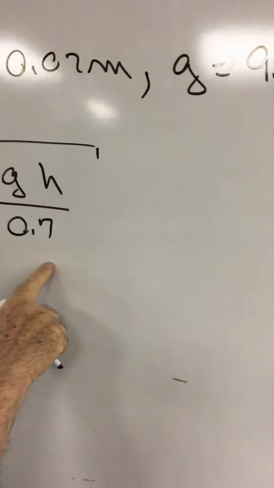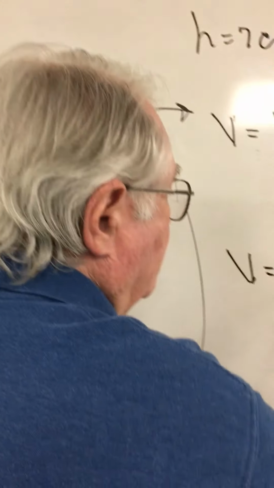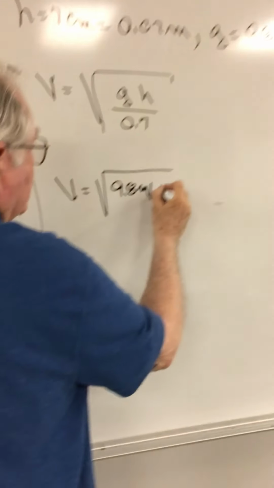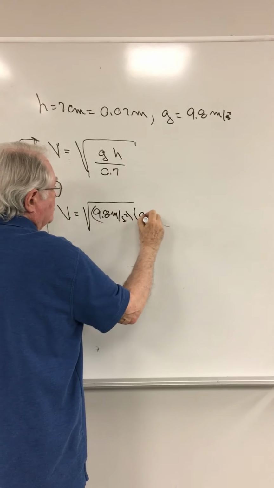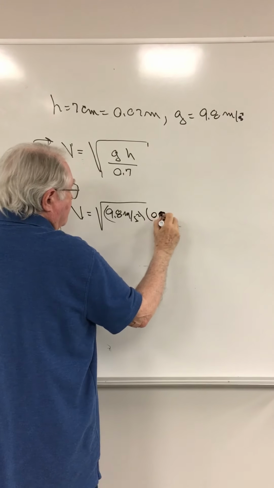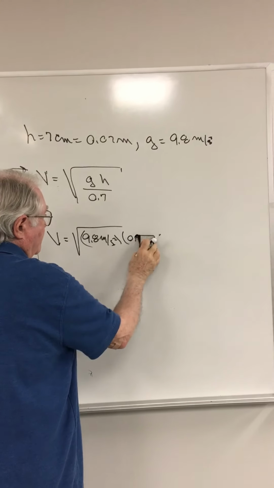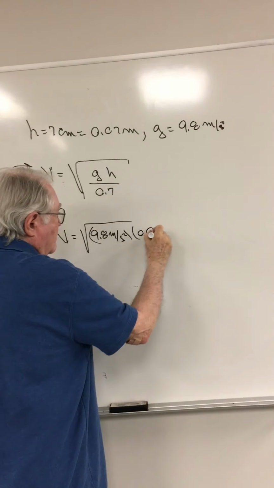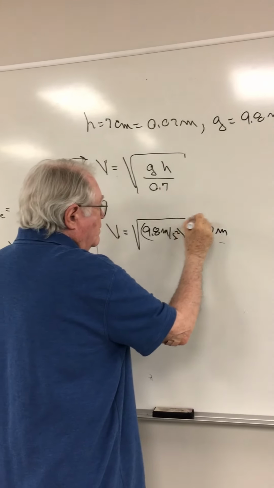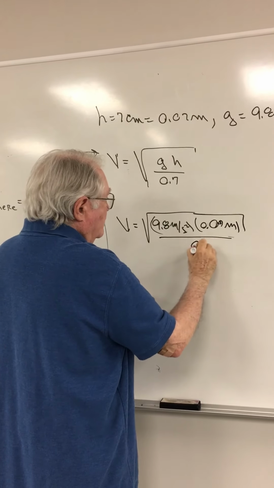And we have 0.7 right here. So the speed at the bottom of the incline should come out to be the square root of 9.8 meters per second squared times 0.07 meters divided by 0.7.